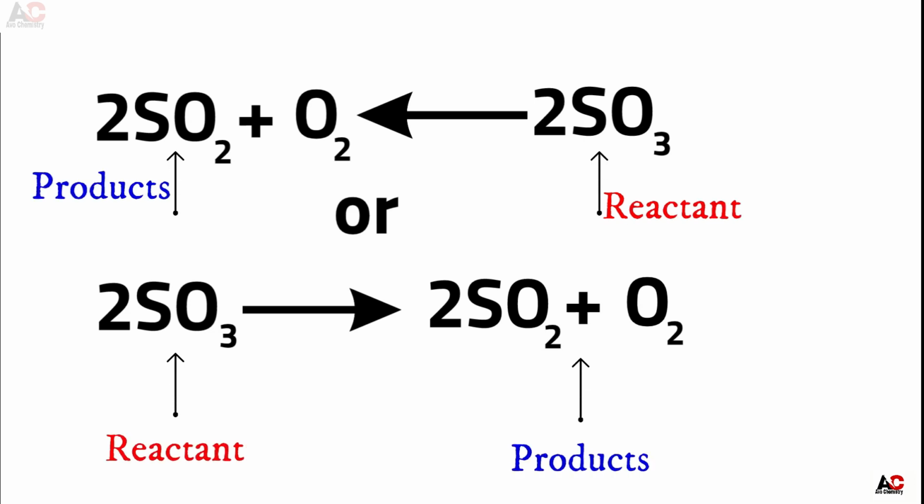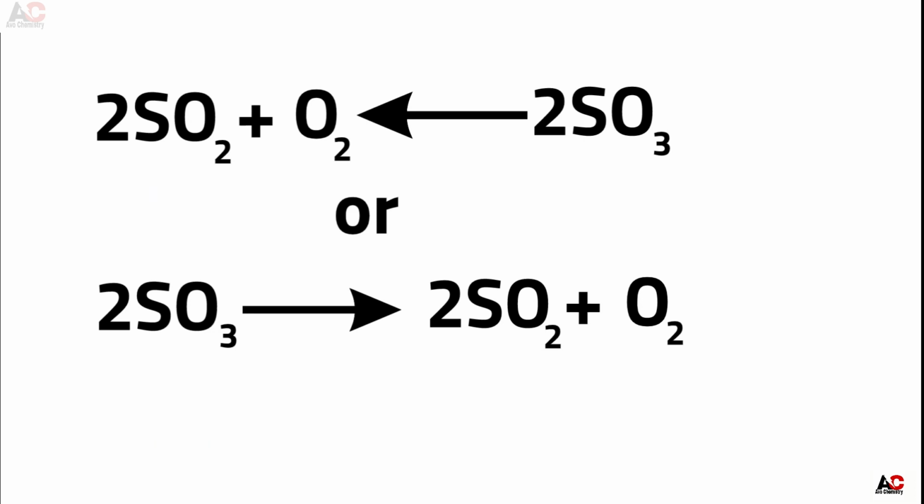And this rate of formation of SO2 and O2 depends on the concentration of SO3. The more SO3 is produced, the higher the rate of reverse reaction.